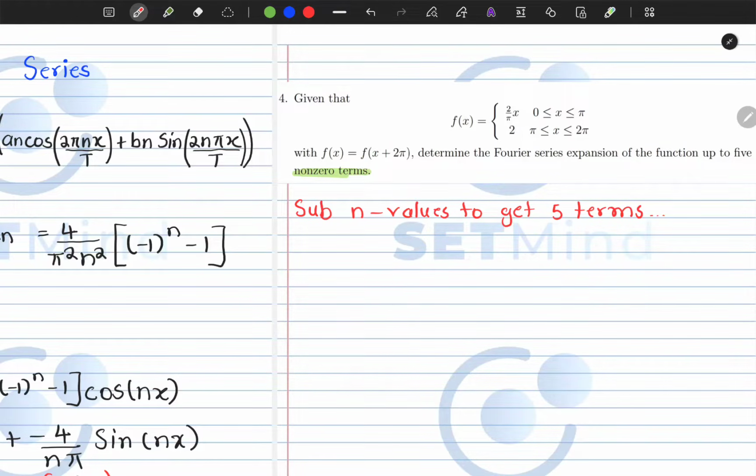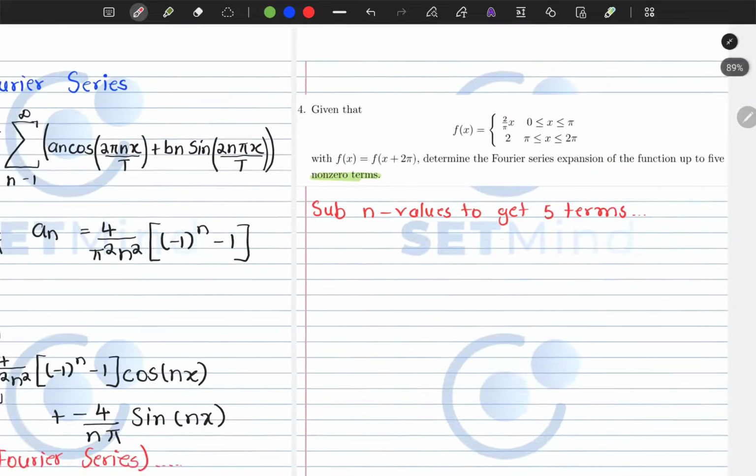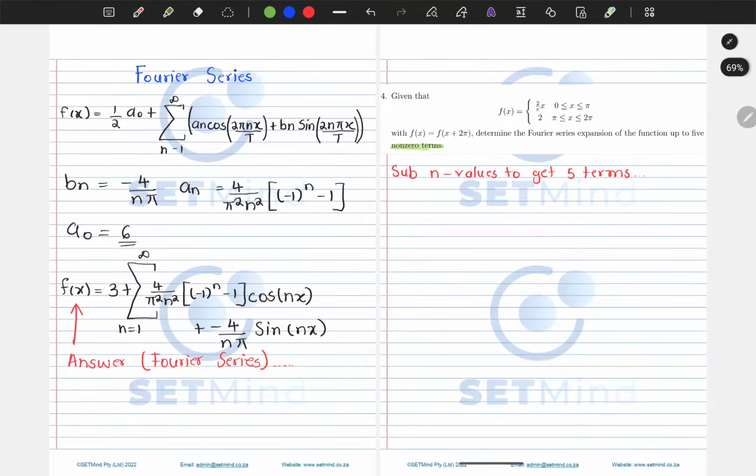So how are we going to achieve that? Well, remember, what this summation here says is we are going to infinity. But we don't want to go to infinity. We just want to get our 5 terms.